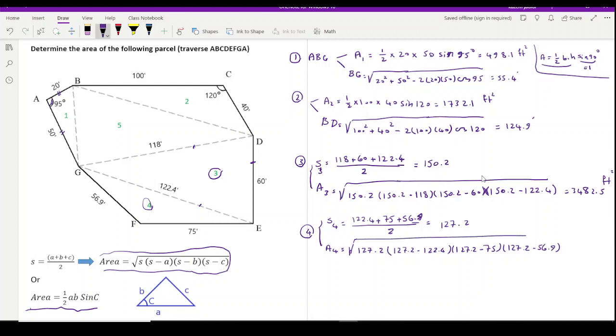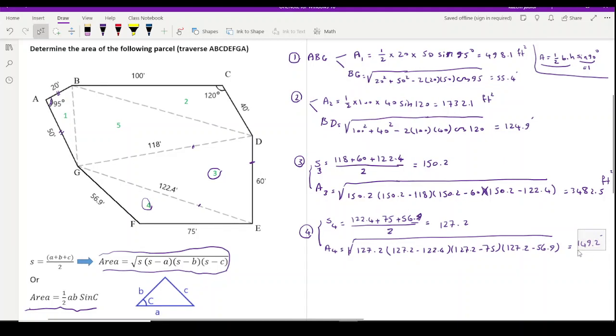Extend this square root, and if you solve this, it will give us, my bad, sorry, we're calculating the area, it will give us 1,487.5 feet squared. And we have calculated A4 now.